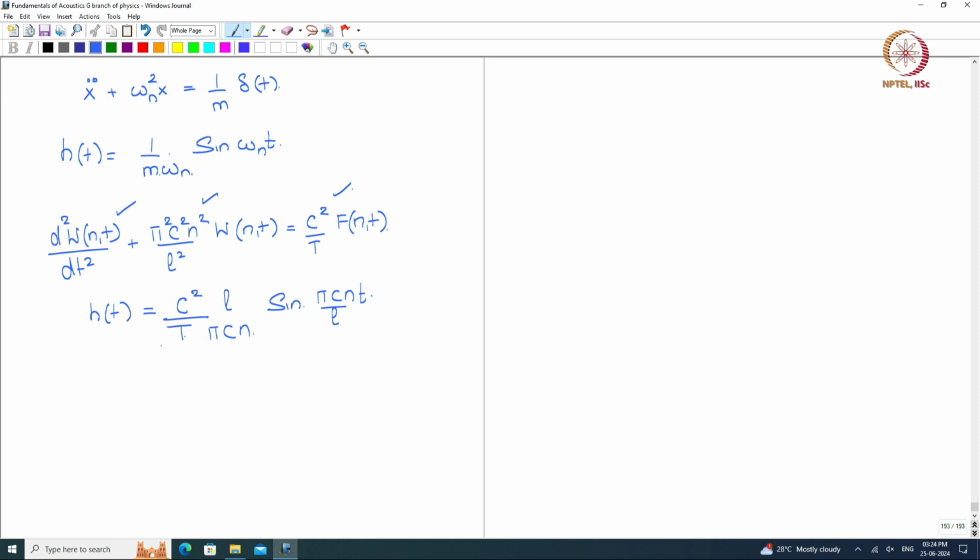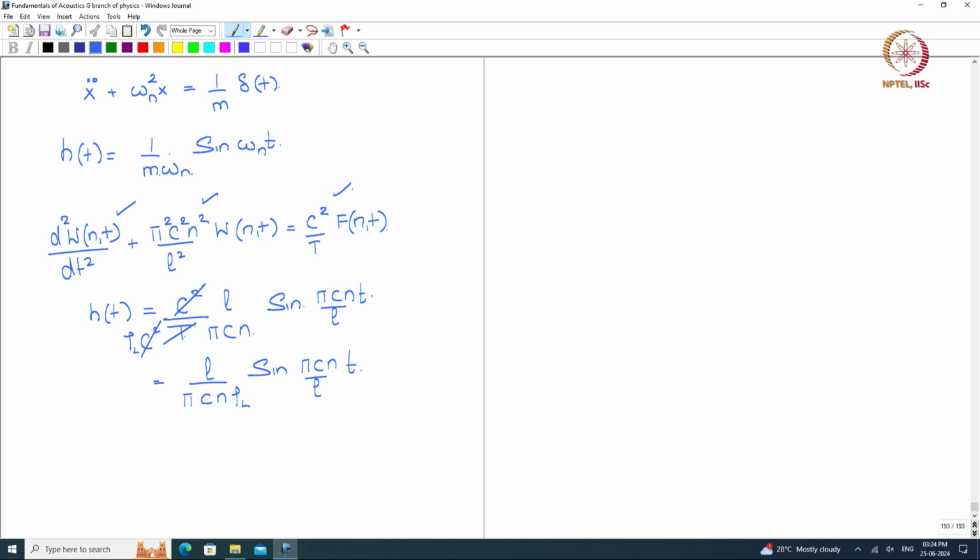If T is rho L c square, and c square goes, then this is L by pi c n rho L sine of pi c n by L into t.